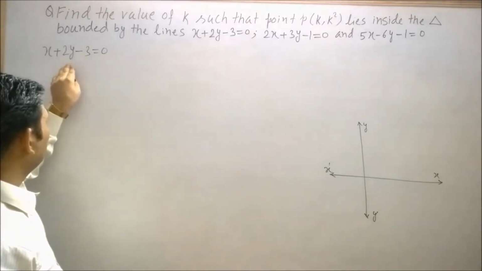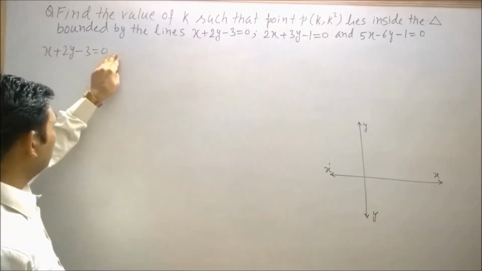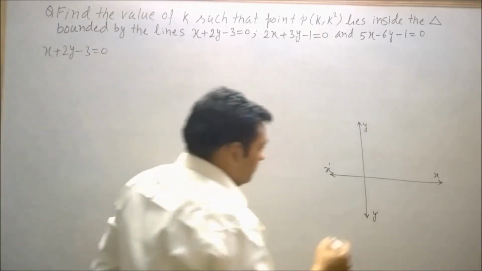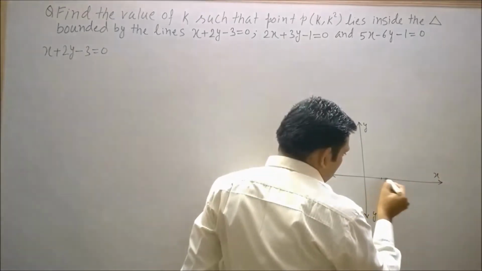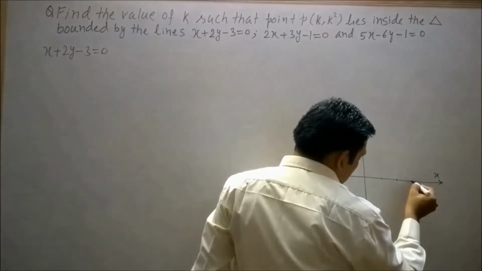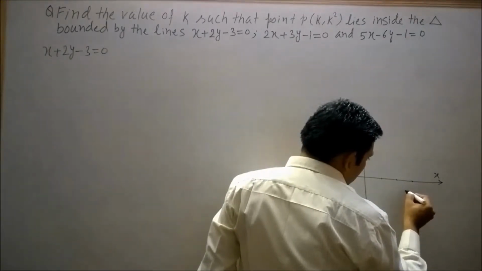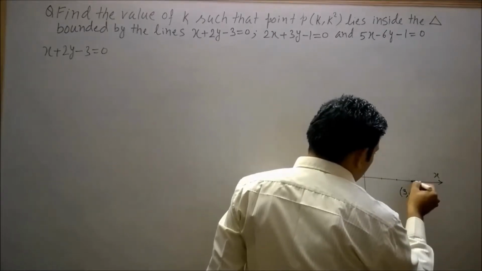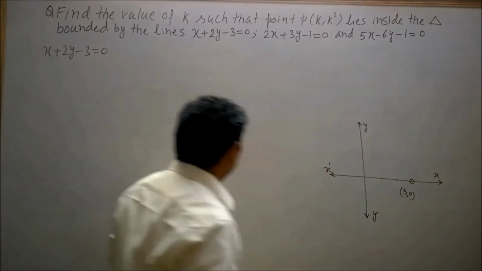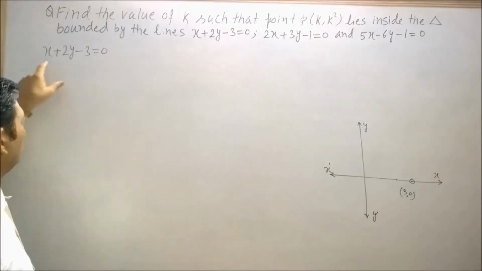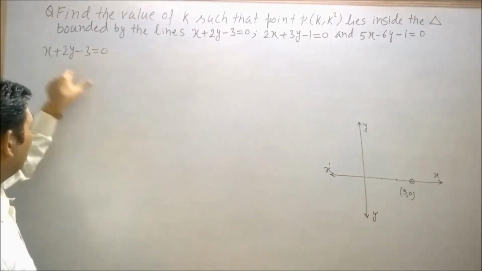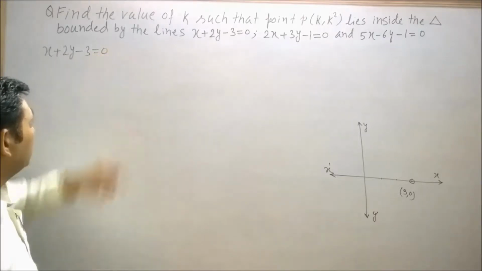When y equals to 0, then minus 3 become positive on this side and x will be 3. Let's say this is the point 3, 0. Now, if x equals to 0, then minus 3 become positive on this side upon 2. Then y will be 3 by 2.